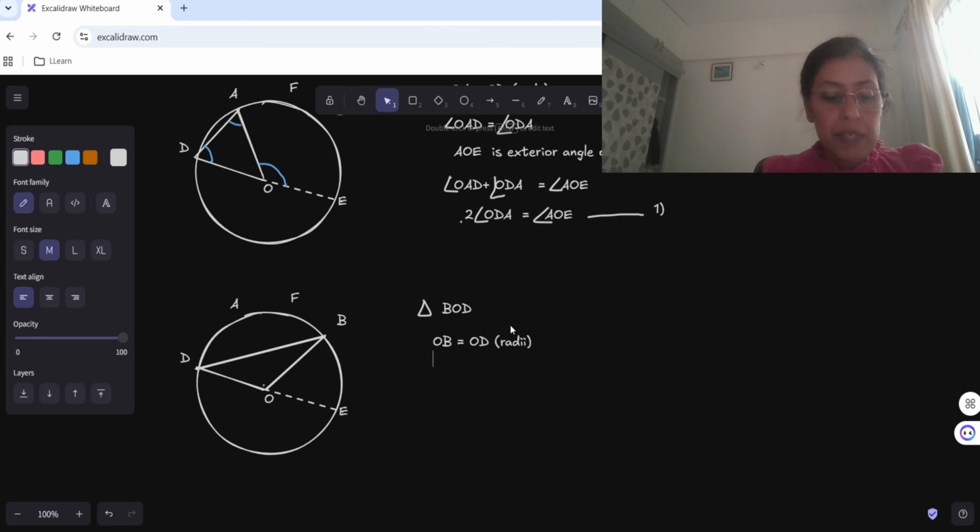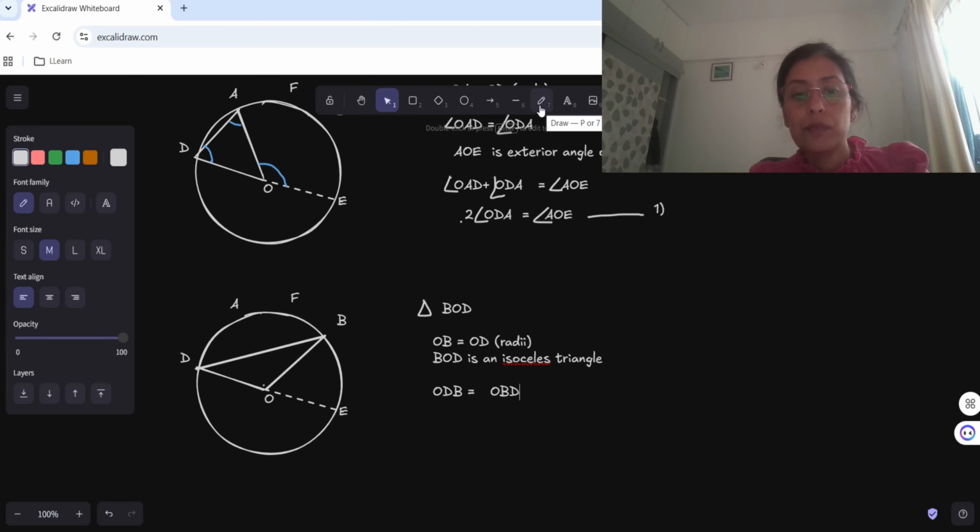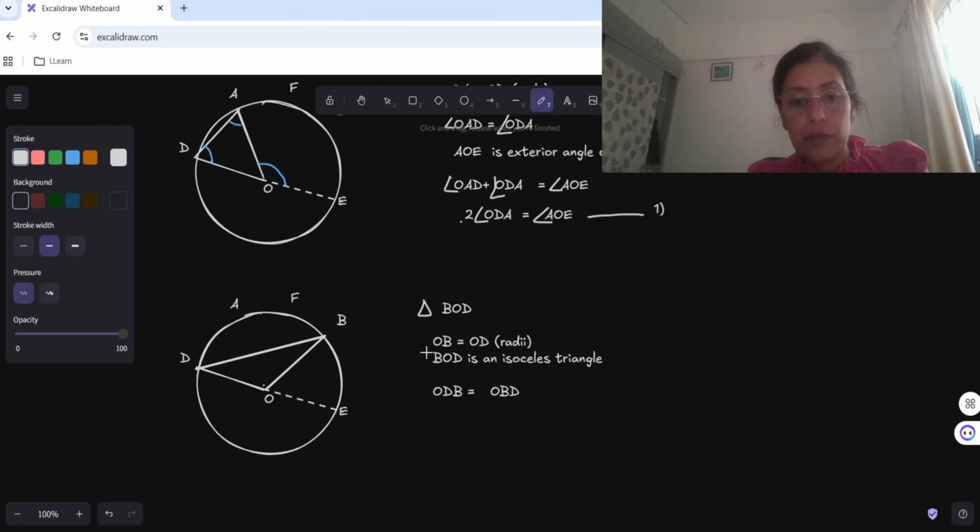Now this means BOD is an isosceles triangle, which means angle ODB is equal to angle OBD. Since this is an isosceles triangle, this angle is equal to this angle.